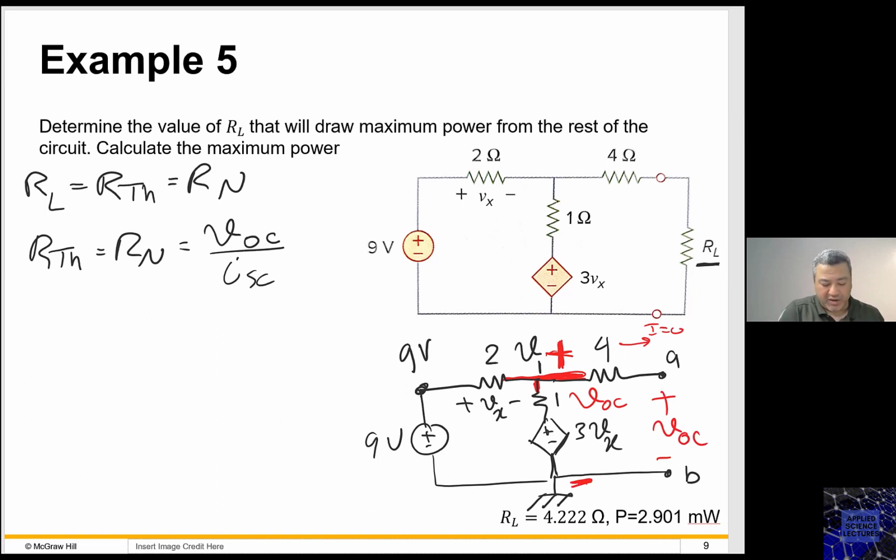Okay, so let's write the nodal equation at V1 as the following.